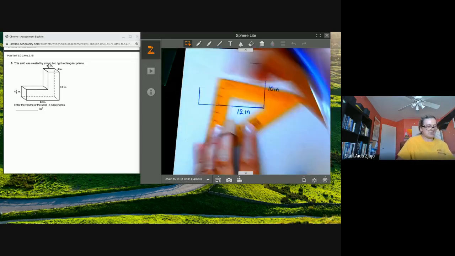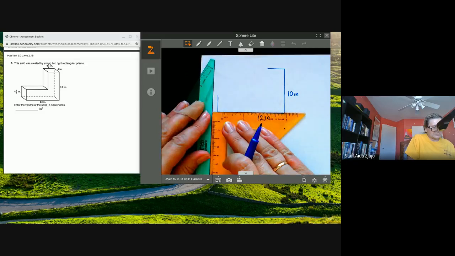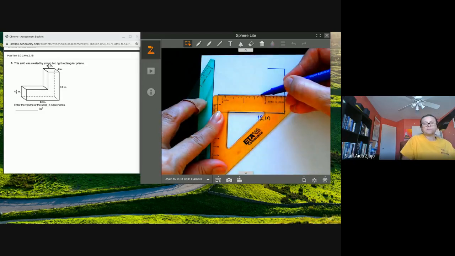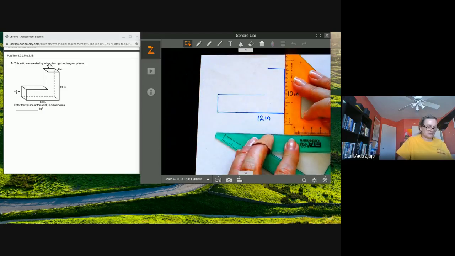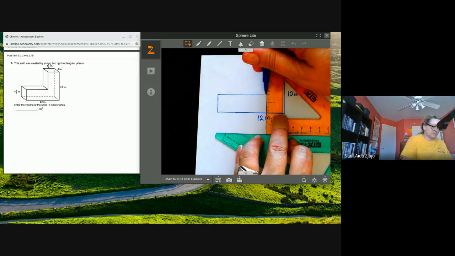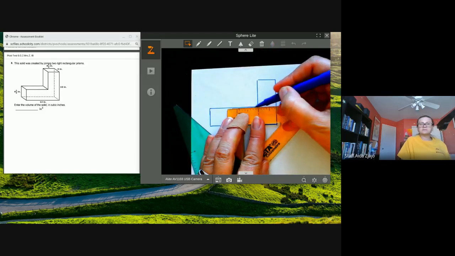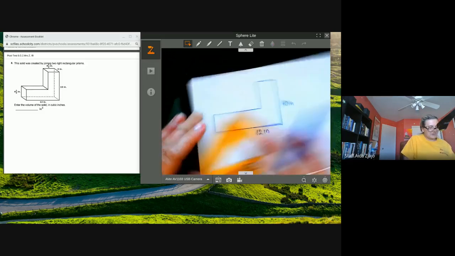Okay, so this is the first phase there, and then I can also make these.